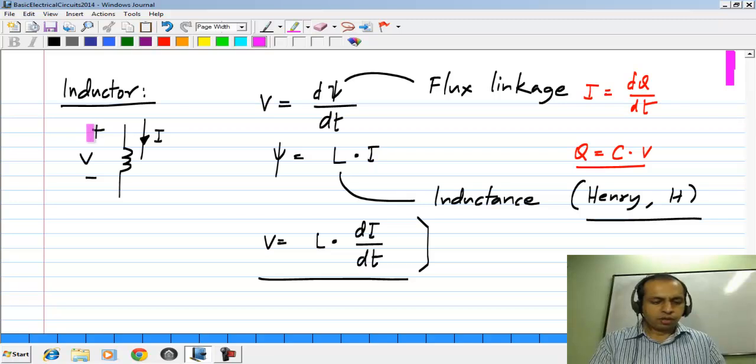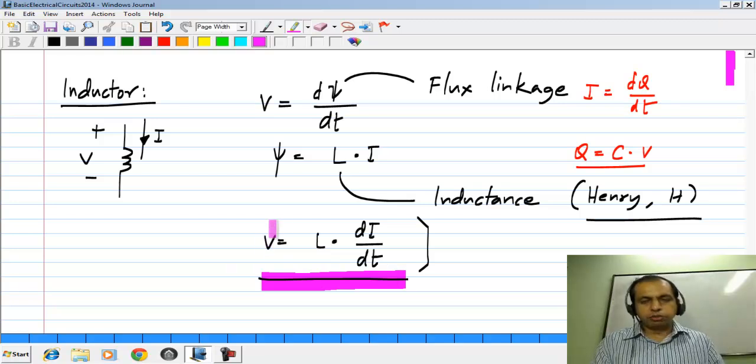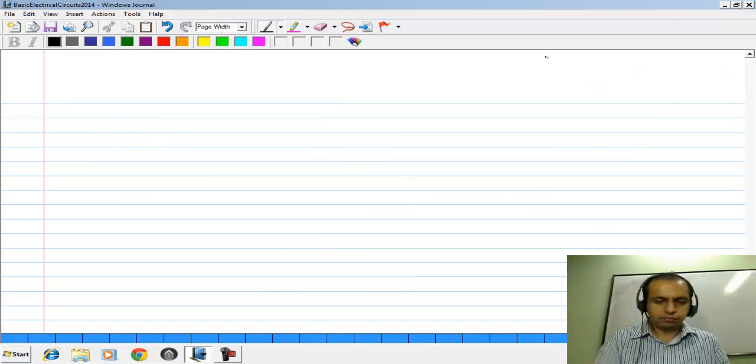Okay. Now, if you have V like this and I defined this way, this is the relationship, and this is the induced voltage which opposes the change in magnetic flux linkage inside the inductor. Okay. So what does this say?